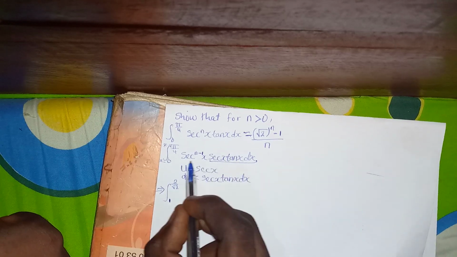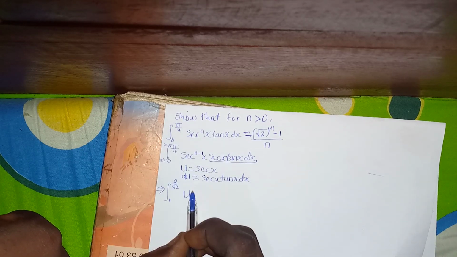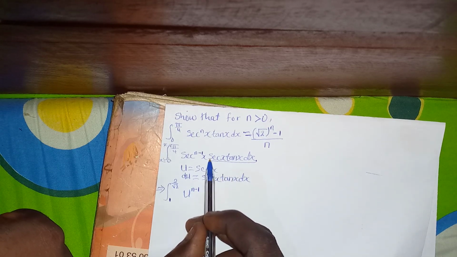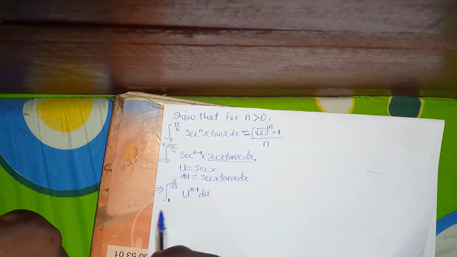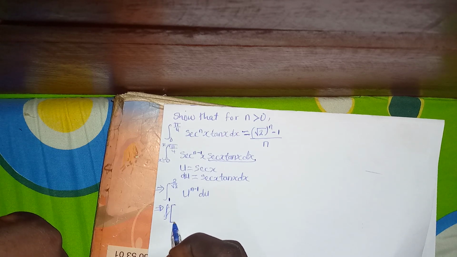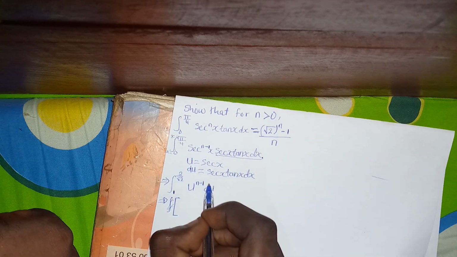Then this sec^(n-1) is now going to be u raised to the power n minus 1, then this sec x tan x dx is our du. That implies we are now going to have the definite integral. At this point, let's just integrate so that we don't waste unnecessary time. Let's do the reverse power rule.